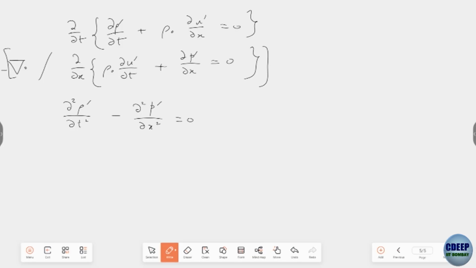You got down to 2 variables, but 1 equation, second order, of course. No getting around the fact, but we are well on the way. Next, we are going to make repeated use of the linearity and also the isentropic assumption. In that endeavor, we will write rho prime.